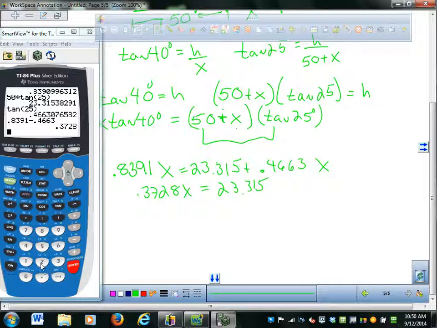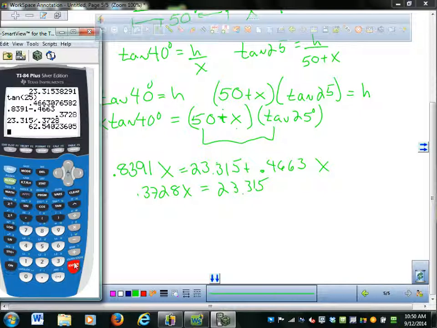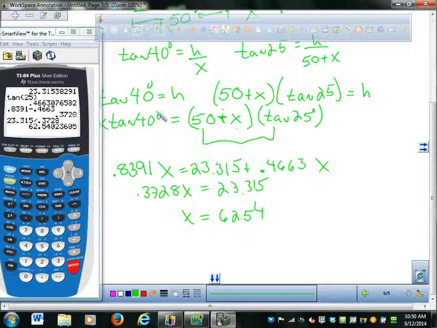So 23.315 divided by 0.3728, and I get that x is about 62.54. I'm not done yet because I have to find h, right?